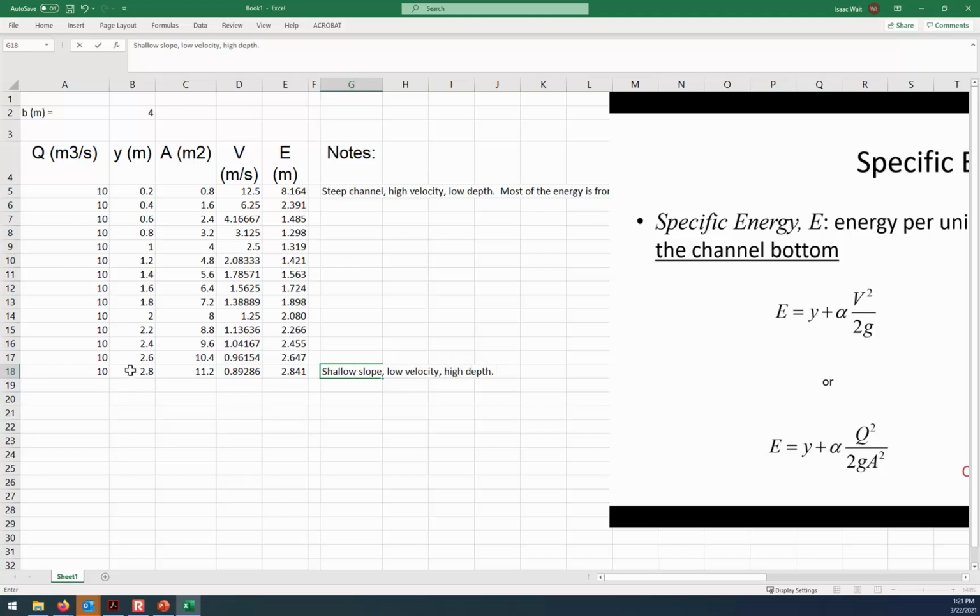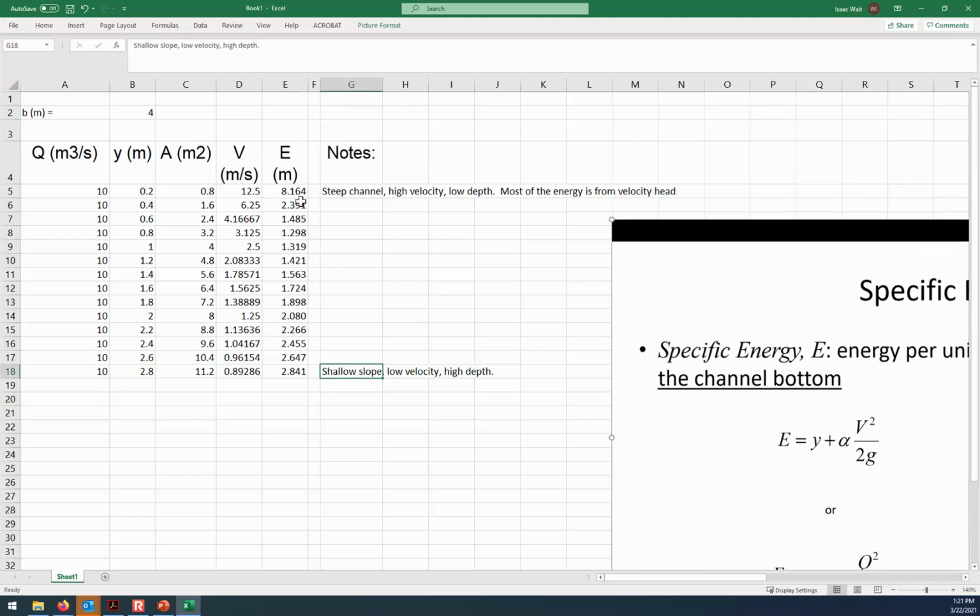There's 2.8 meters of depth, and now look at this equation for specific energy. If we've got a total of 2.841 meters of energy, and 2.8 of that comes from the depth, that means only 0.041 is associated with the velocity. So most of the energy is from the depth. Very low kinetic energy.